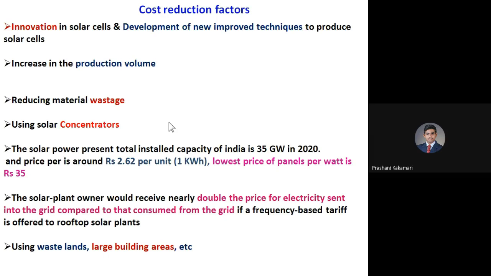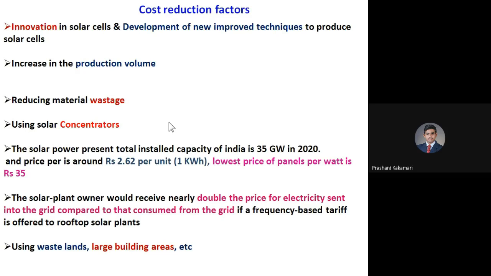And it may also depend on the season. In some seasons we cannot run the solar power plant, but we can get the power from the thermal power plants. So like this, we can have an agreement with the government or some commercial industries. In such conditions, the solar plant owner would receive nearly double the price.